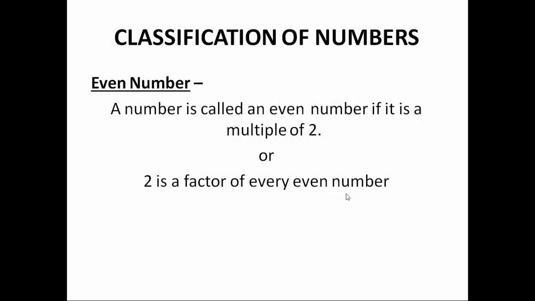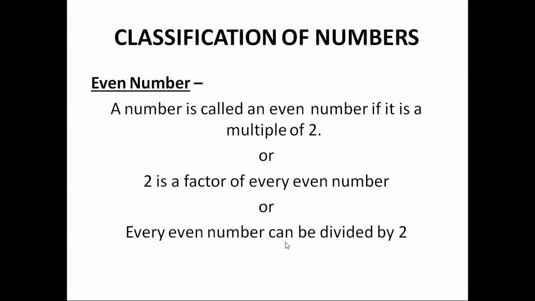So an even number is such a number which will always have a factor 2. Or we can say that every even number can be divided by 2 in simple terms. So just remember that every even number can easily be divided by 2.